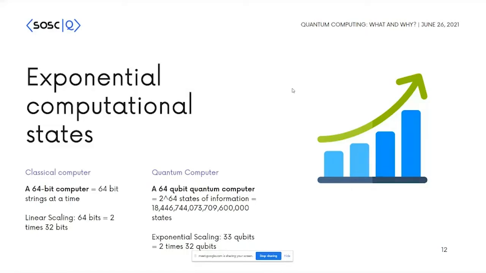But since here we are talking about something that is raised exponentially, a 33-qubit computer will have 2 times more informational processing capacity than a 32-qubit computer, because 2 raised to 33 is double of 2 raised to 32, right? So as you can see, because of this, we can have exponential computational capacity. Remember, I'm talking about computational capacity, not access to information, right?